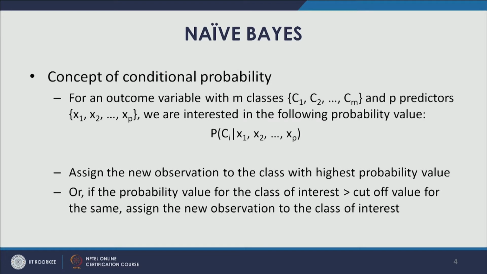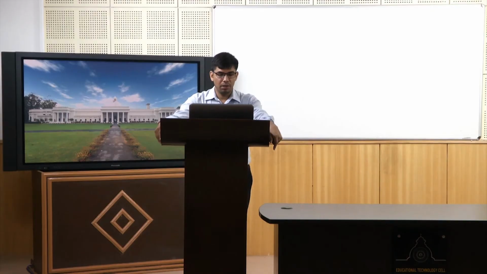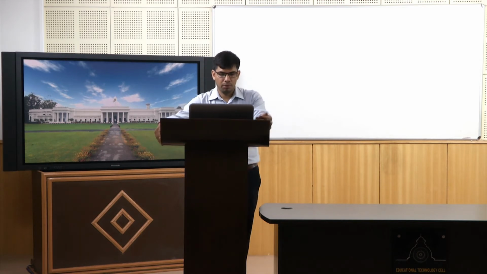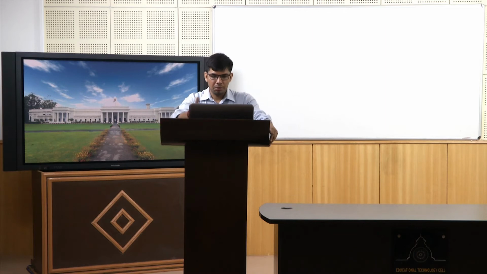Now, in scenario number 1, the regular, typical scenario, where we are interested in minimizing the overall error, we would like to assign the new observation to the class with the highest probability value. The steps we talked about before have been expressed in this probability format.